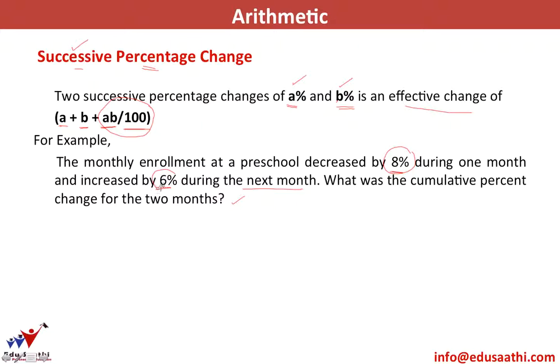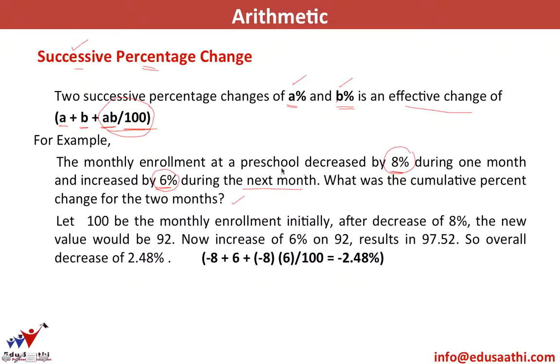And for this 6%, the base would be the value at the end of month 1. So the bases for the 2 are different. I cannot just add them up and get to my answer. So I will have to introduce a base equalization factor and get to my answer.